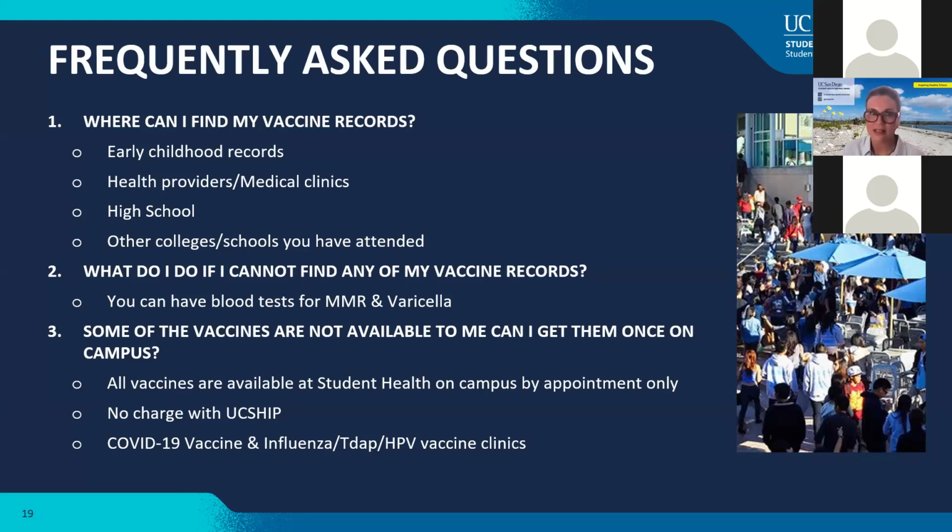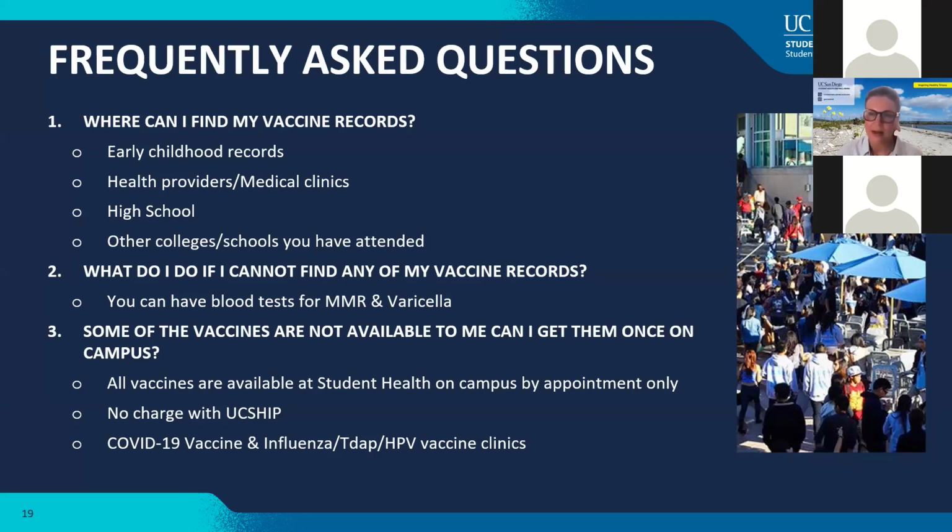If you can't locate any of your records, then the options are to get blood tests for measles, mumps, rubella, and varicella, and then get an updated dose of Tdap and meningococcal. Tdap and meningococcal you cannot test immunity for, so you would need to get repeated doses of those if you can't find any record of them.